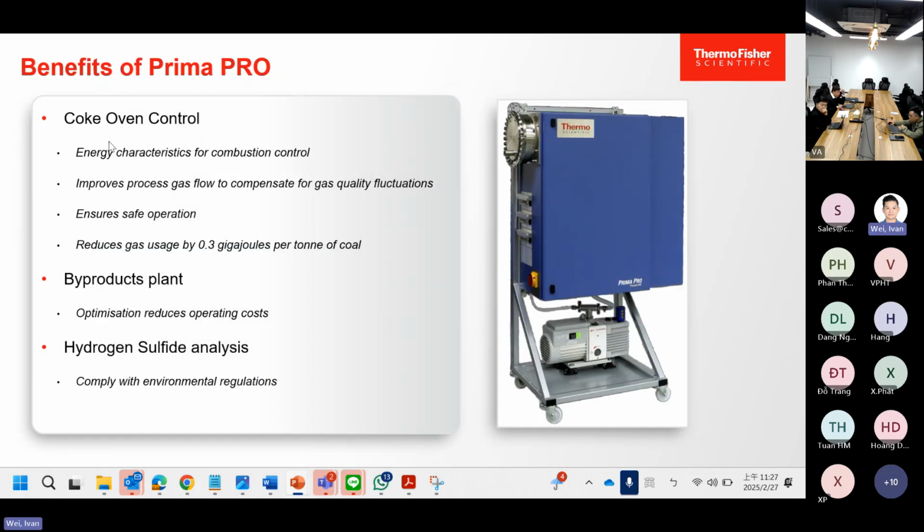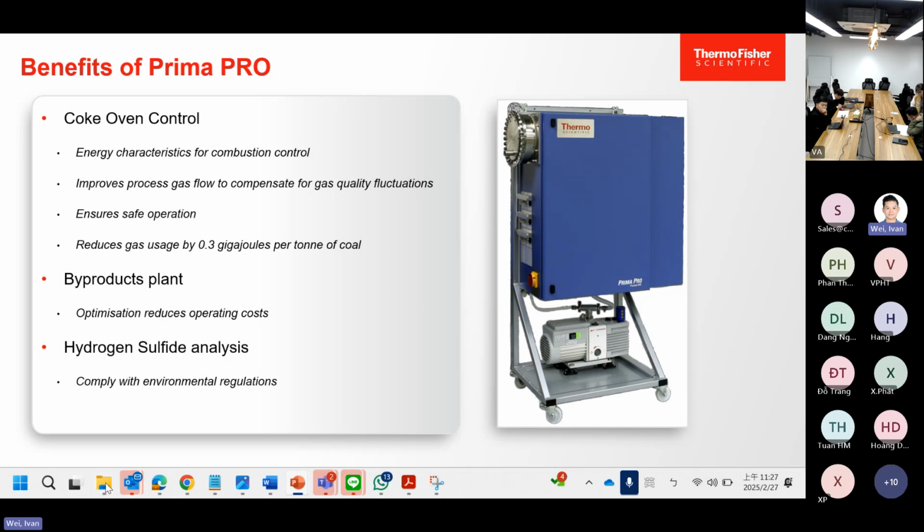So again, as I mentioned earlier, the Prima Pro can be implemented at their coke oven controls, so they can save energy or change their combustion ratios. For byproduct plants, they're able to monitor different byproducts out of their steel manufacturing process.